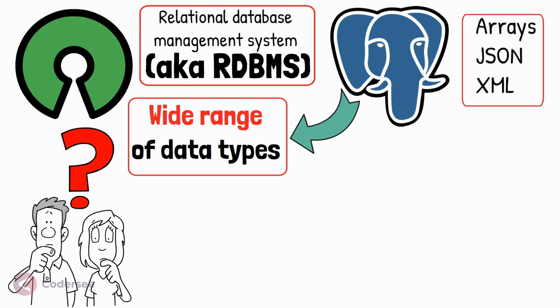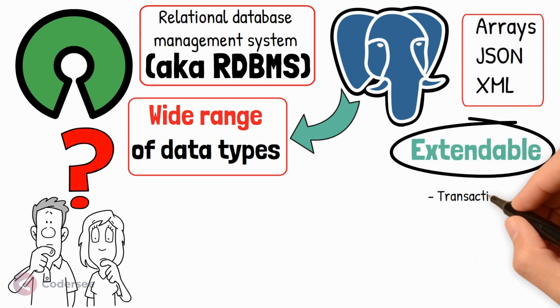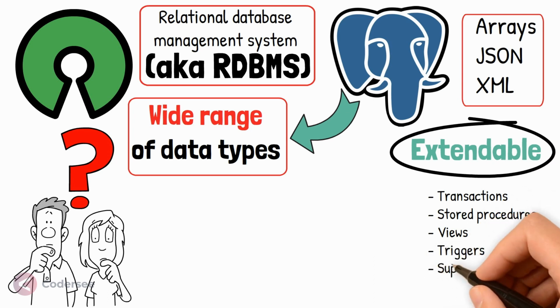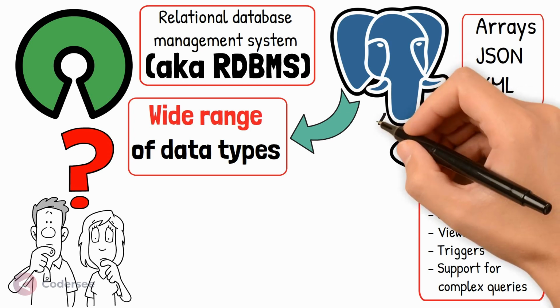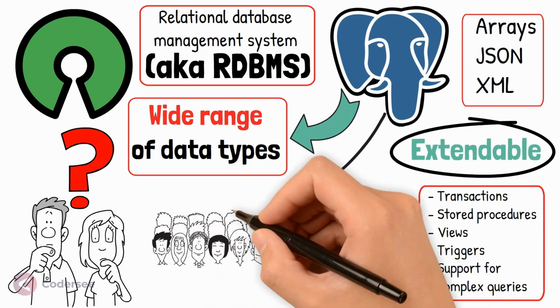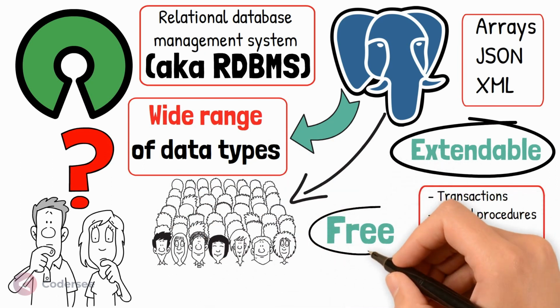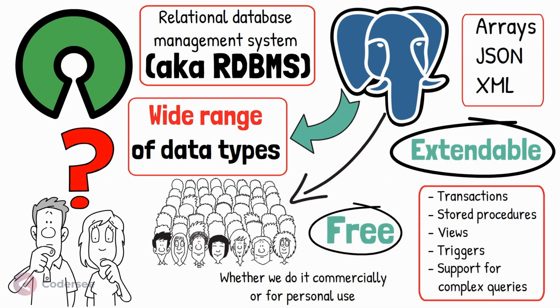In addition to this, Postgres is also extendable and comes with a number of features like transactions, stored procedures, views, triggers, and support for complex queries that make it well suited for a wide range of applications. What's worth mentioning here as well, the Postgres license lets everyone use, modify, and distribute it entirely for free, regardless of whether they do it commercially or for personal use.